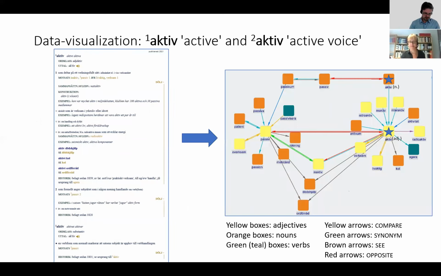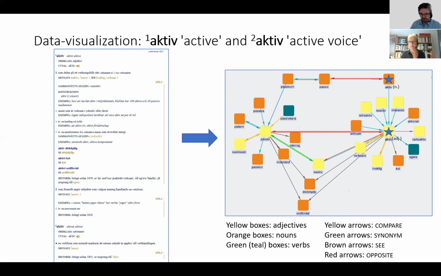This is an example where we see the relationship between the entries 1 active and 2 active. And 1 active means active and 2 active means active voice. And we also see a subset of other headwords as visualized by this software. So we have 1 active is an adjective and 2 active is a noun.